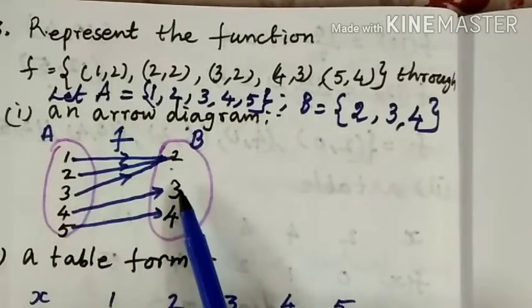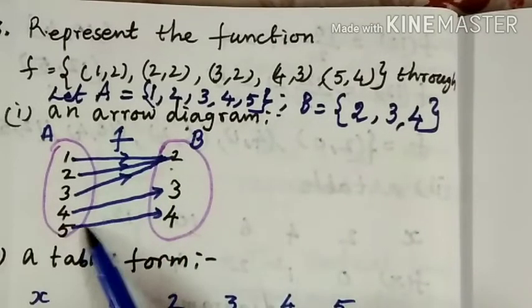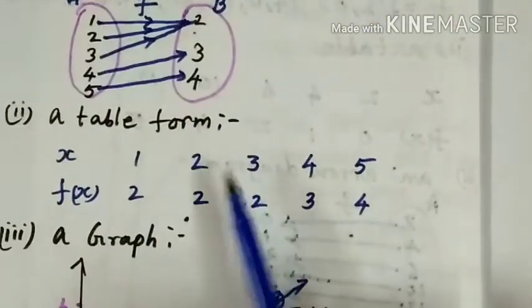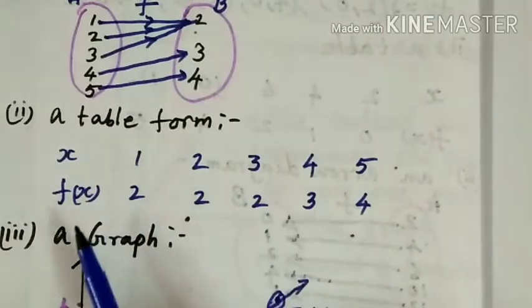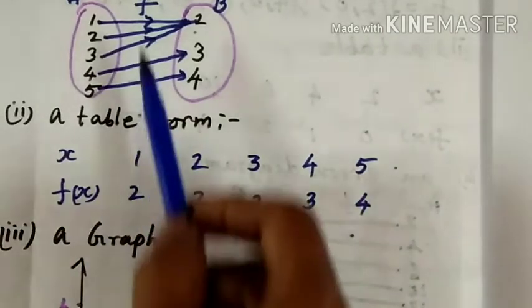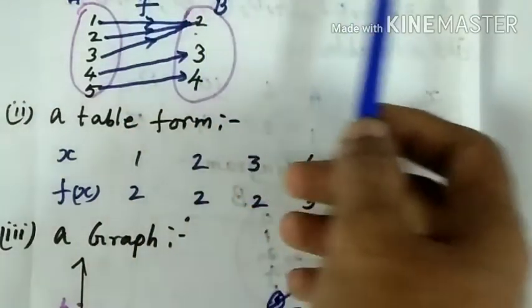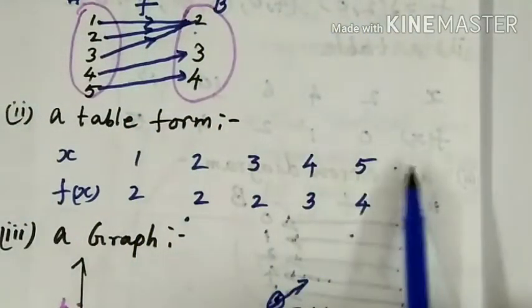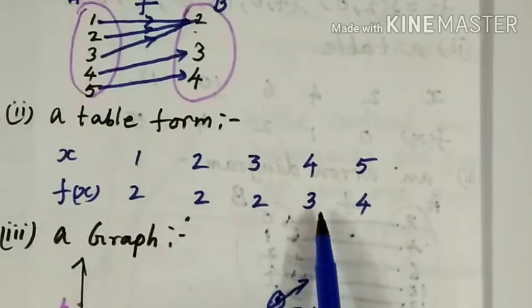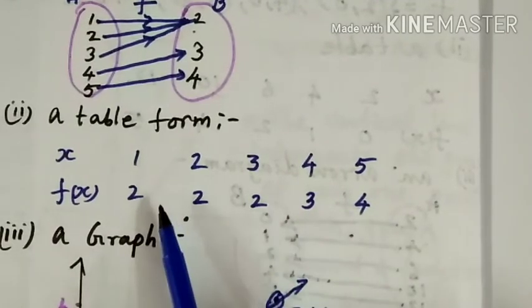Then 4 mapping to 3 as well as 5 mapping to 4. Then a table, x and f of x. x coordinate, the first element of the ordered pairs: 1, 2, 3, 4, 5. Then f of x: 2, 2, 2, 3, 4, the second element of the given ordered pairs.